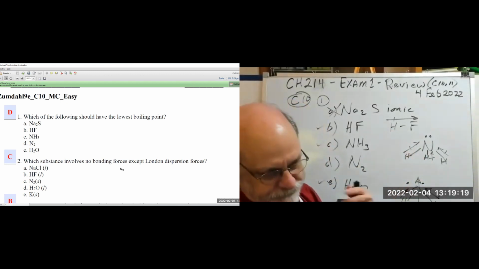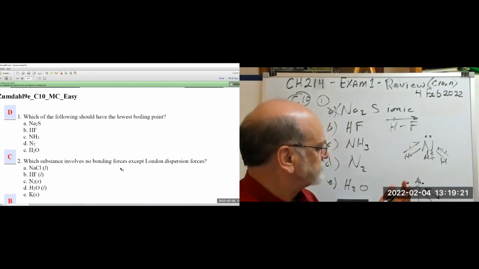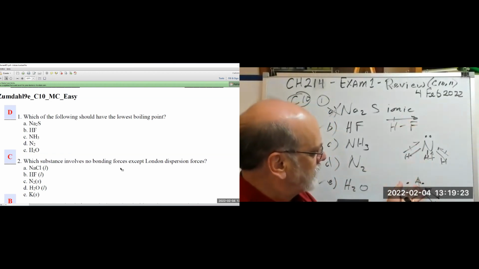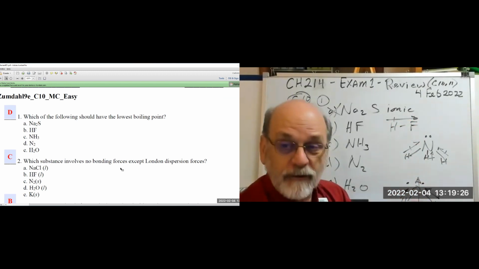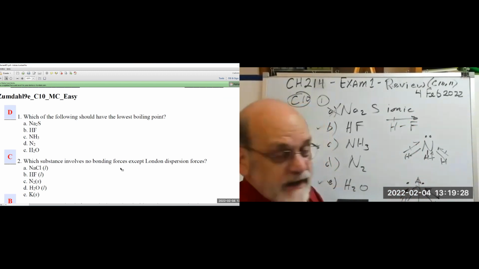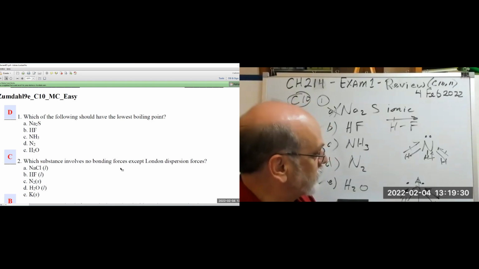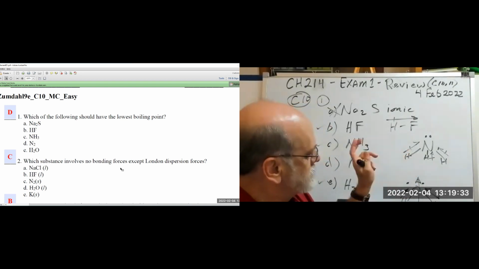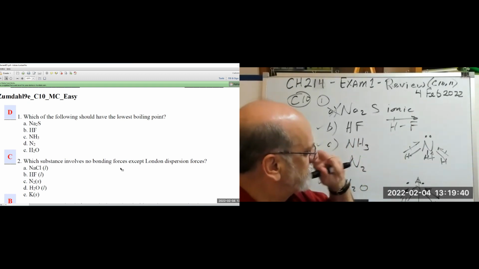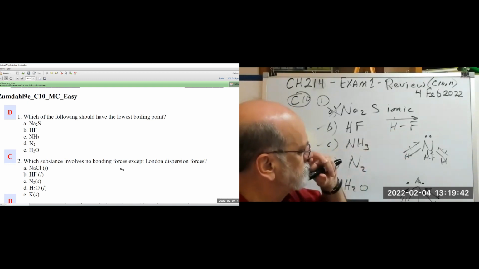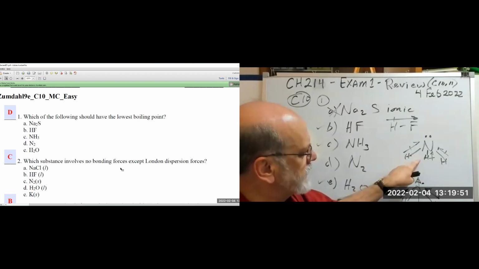But as it turns out, while they have different boiling points, and this one has the highest boiling point of the three, it's a toss-up between these two. I'm thinking this one is the next, and then this one.